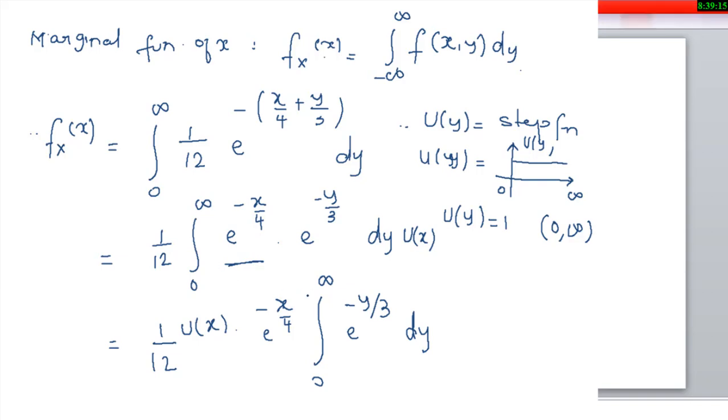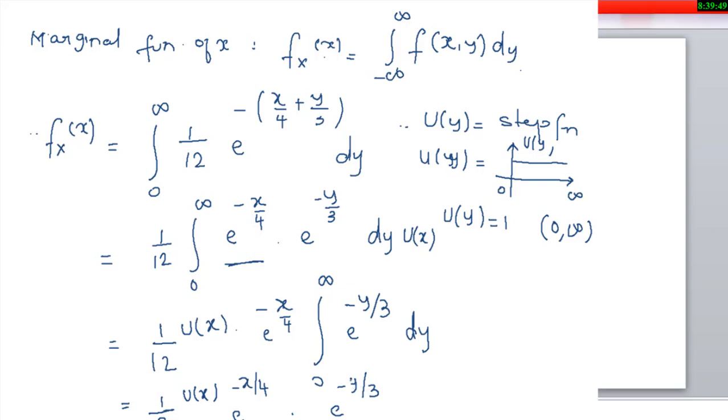I need to do the integration with respect to y. So I can write this as 1 by 12 u of x e power minus x by 4, the constant terms outside, into the integral of e power minus y by 3.